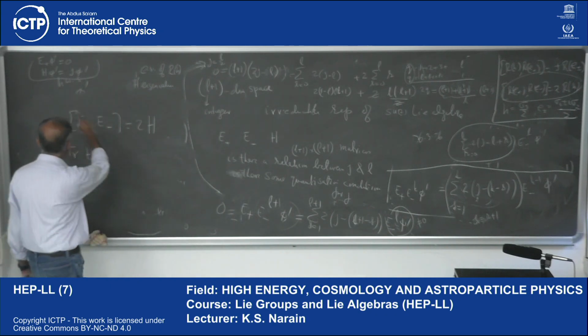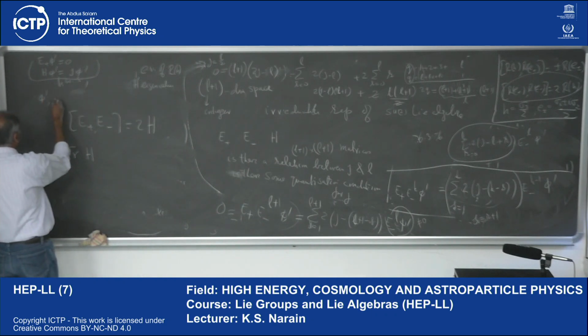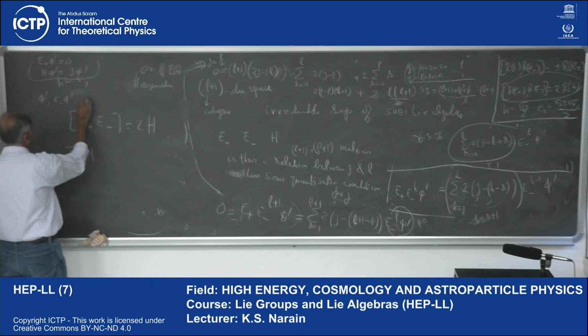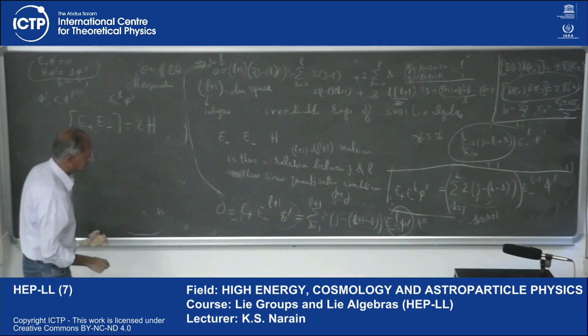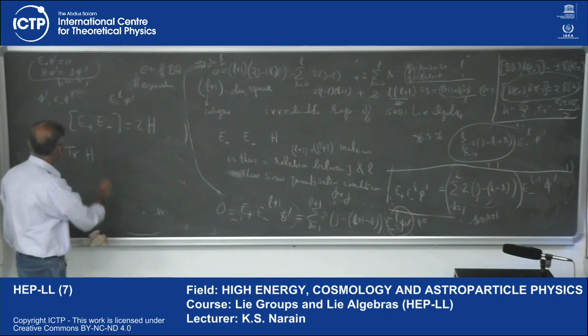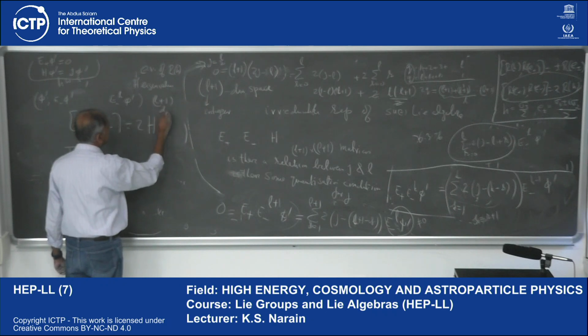In this space, space of what? Space of what we said, E prime, E minus, E prime, E minus L, phi prime. Right? This was the L plus 1 dimensional space.